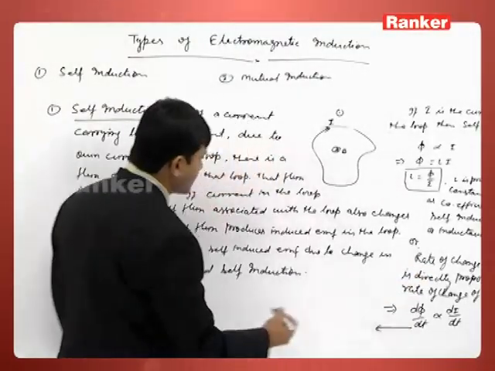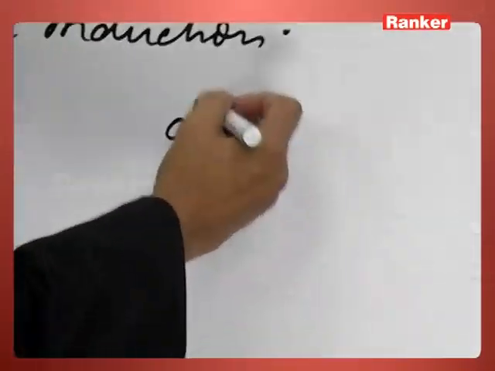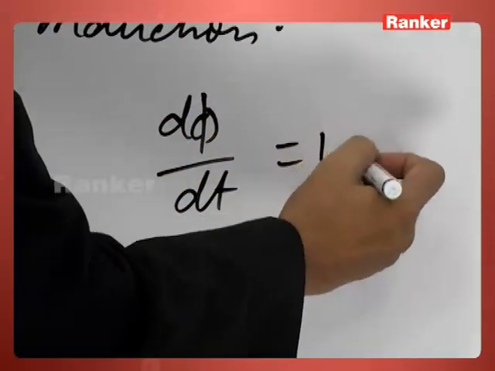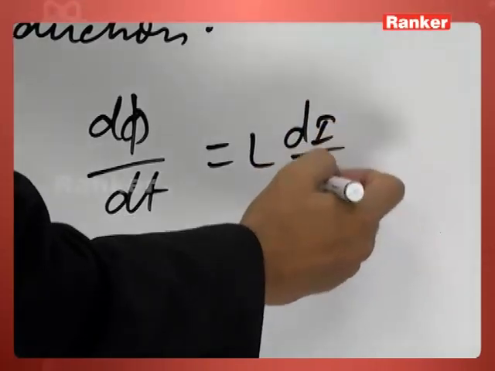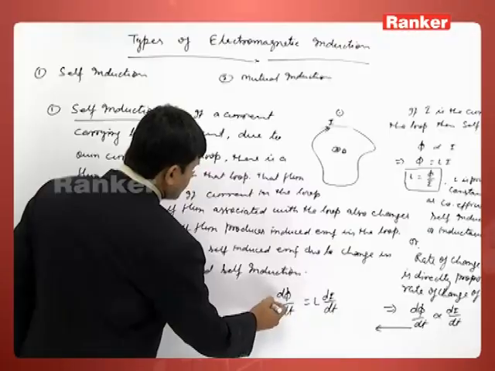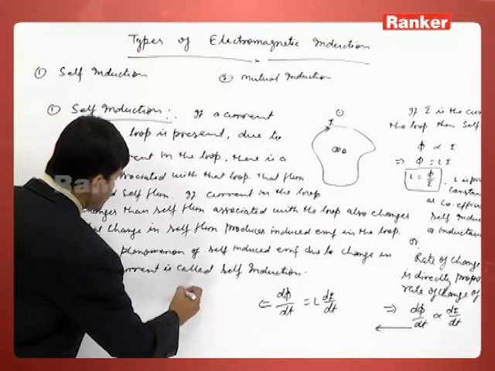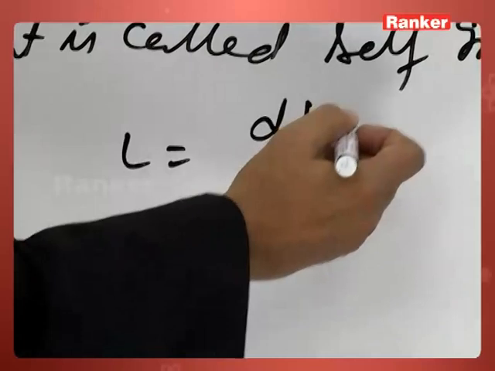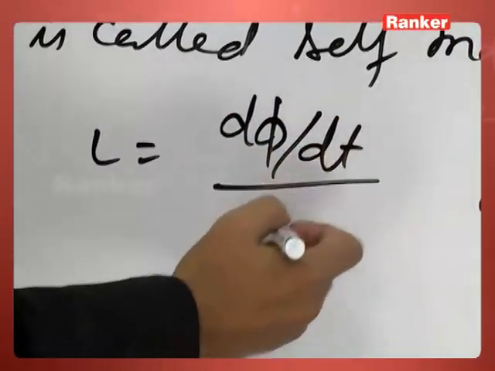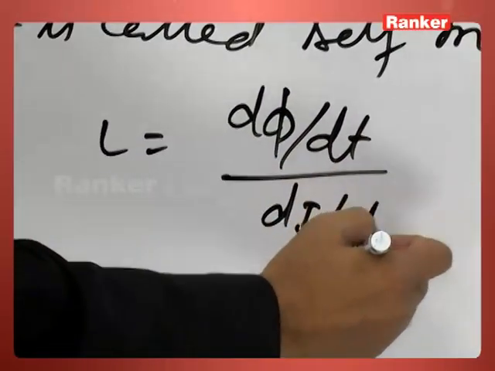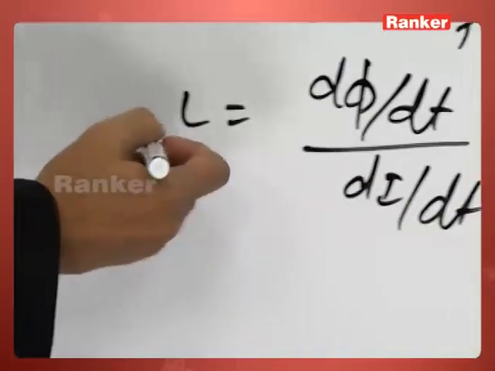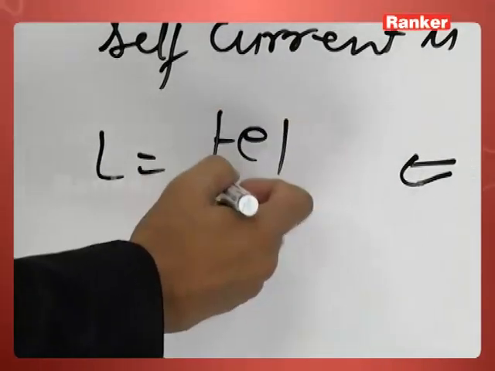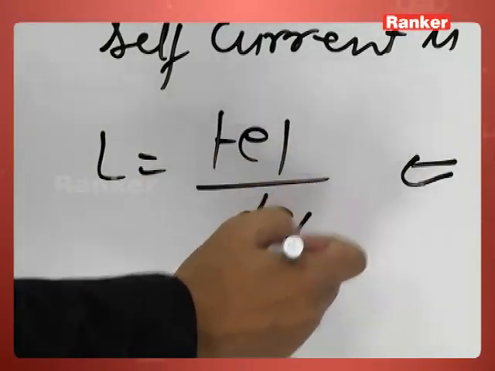Further, L is equal to d phi by dt divided by di by dt, or we can say L is equal to minus E by di by dt.